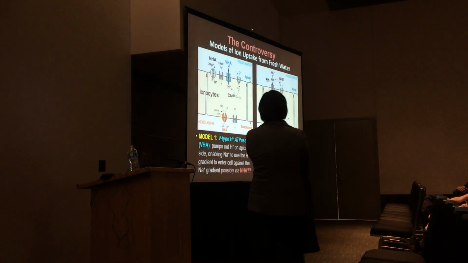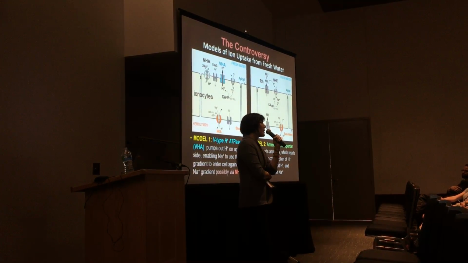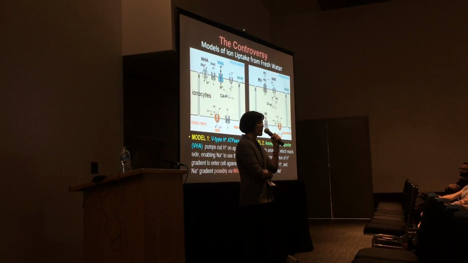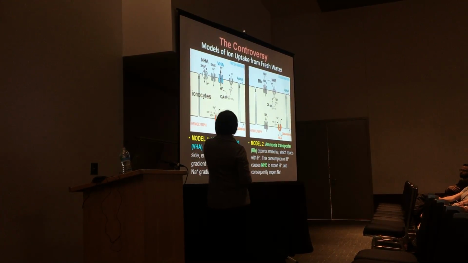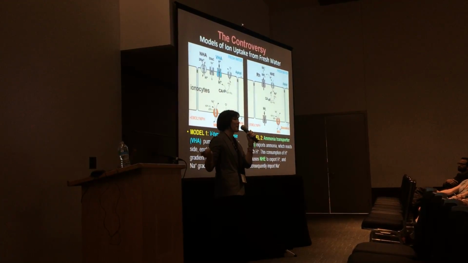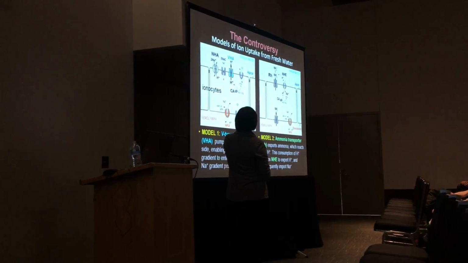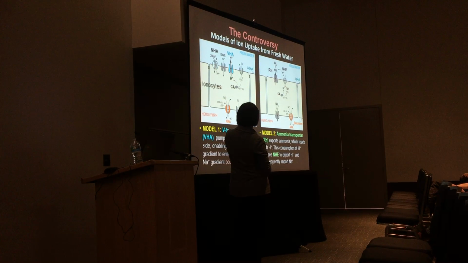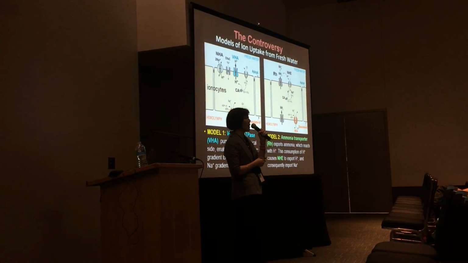If you look at models of ion uptake from freshwater environments, the field is incredibly unresolved and highly controversial. And there have been different models proposed. For example, taking up ions from a freshwater environment, I want to emphasize, is really challenging. So in Model 1, the proton pump, V-type ATPase, would export protons out into the environment.